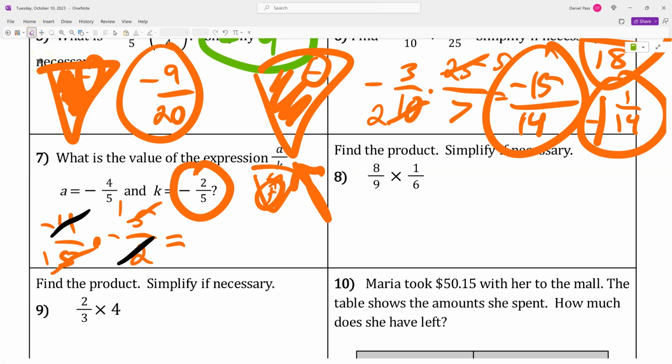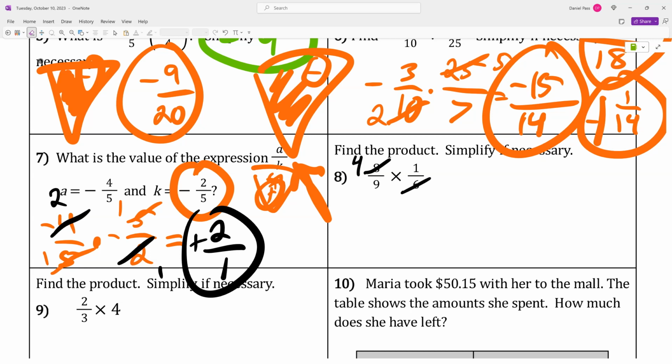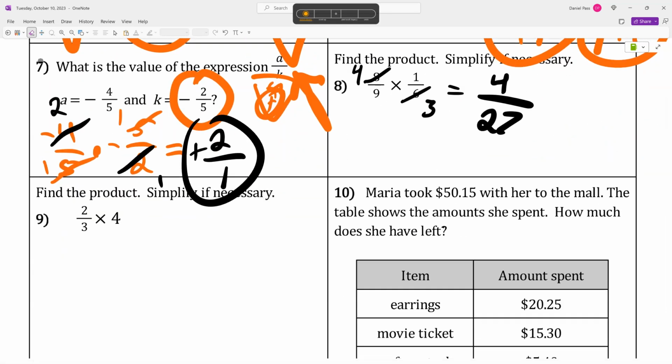So 4 and 2 can also be reduced to 2 and 1. And we end up with 2 over 1. Positive. Over here, these can both be reduced by 2. 4 over 27. Easy, just multiply. Almost done.